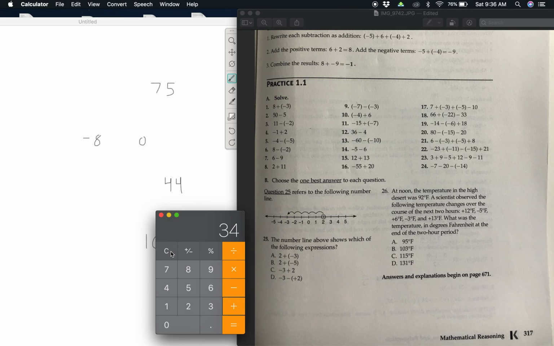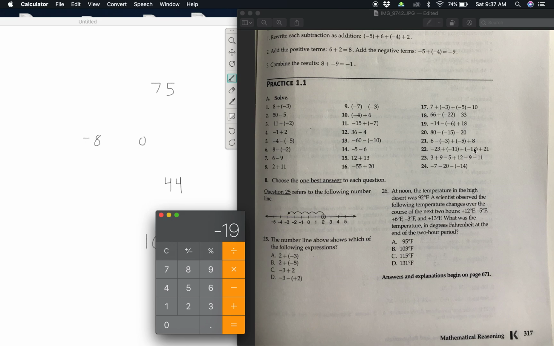Let me do that again. I want to write this out how they do it. Negative 34 minus negative 15 equals negative 19.